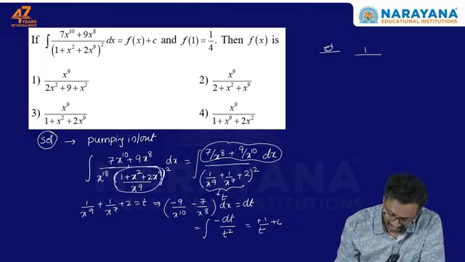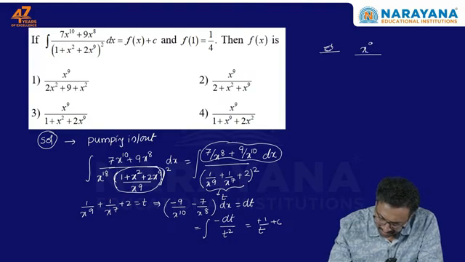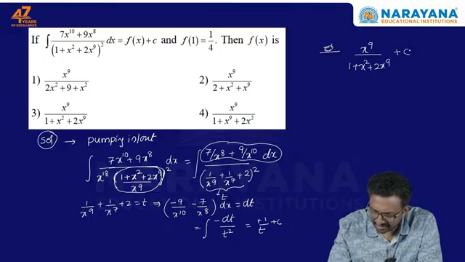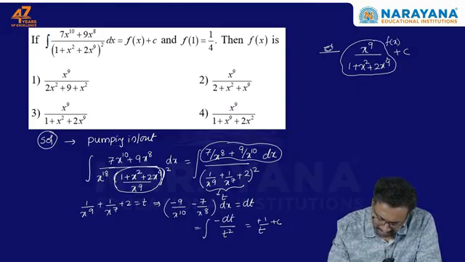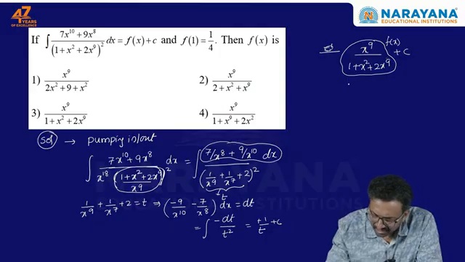So in the LCM form, x power 9 divided by 1 plus x square plus 2x power 9, plus c. So this looks like f of x plus c, but what they have given is f of 1 is equal to 1 by 4.